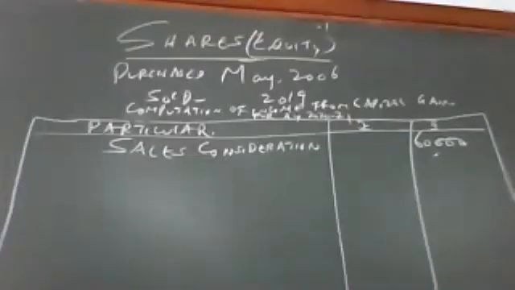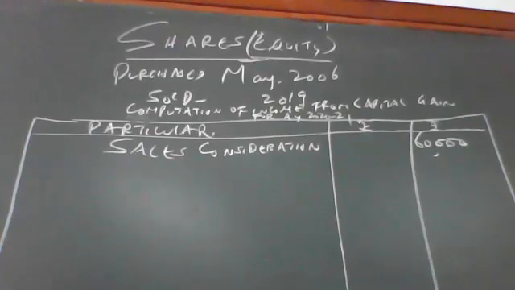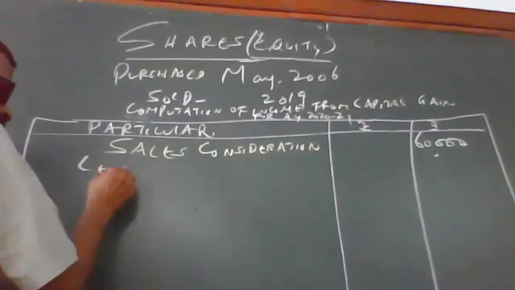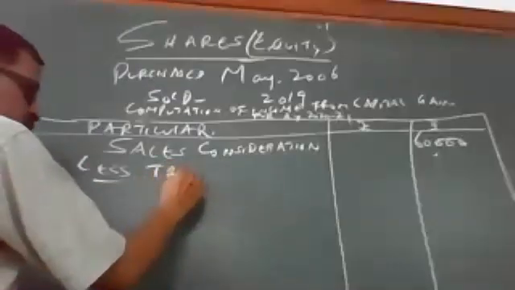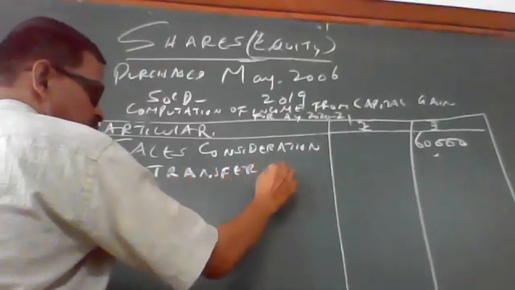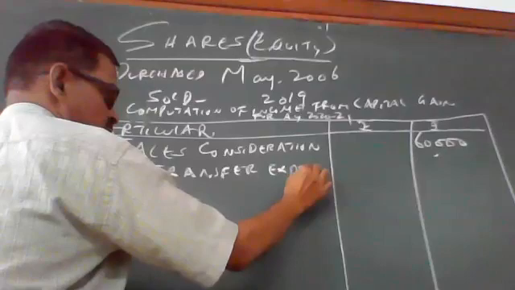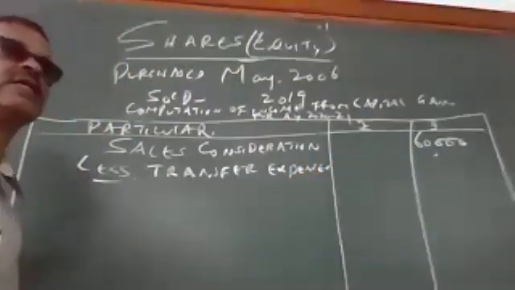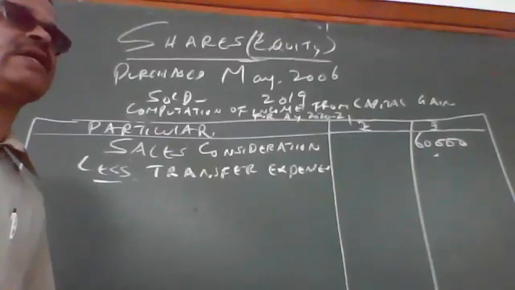Less: transfer expenses, or selling expenses, or brokerage expenses. Transfer expenses include selling expenses, brokerage expenses and other expenses incurred in selling the capital asset.